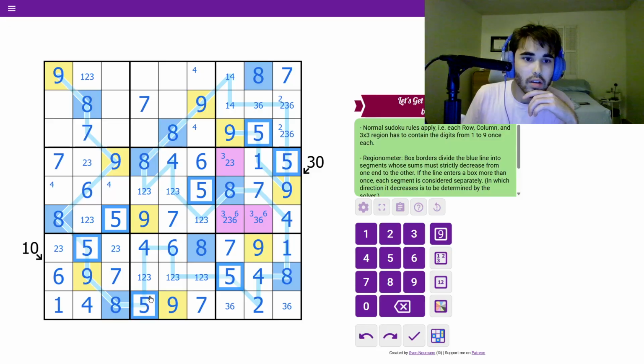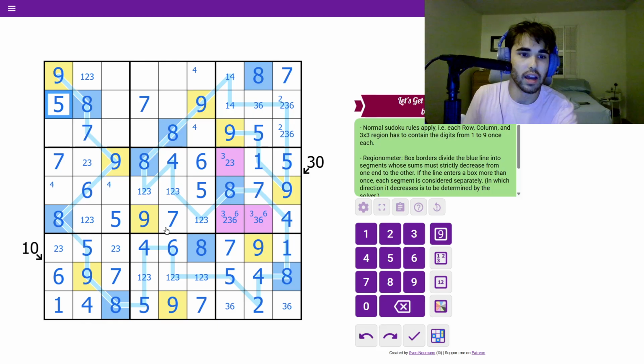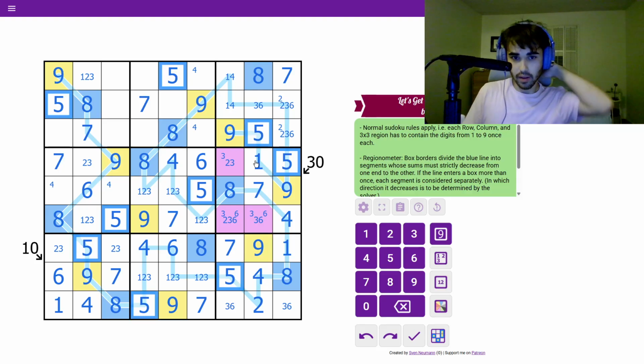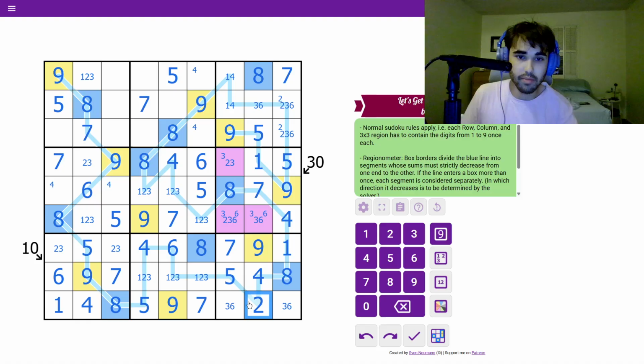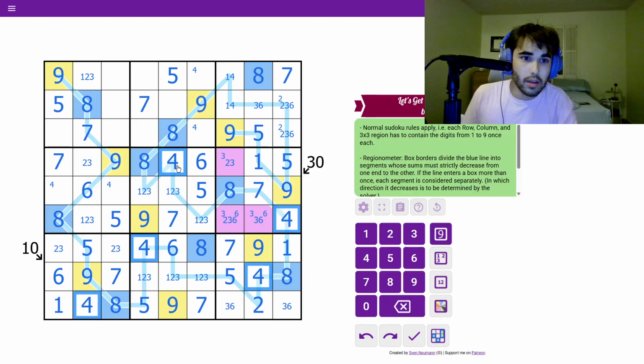What am I missing here? I guess you could use simple Sudoku with 5s. That's a 5. So now we're done with 5s. 1s. Maybe not yet. What about 2s? Can we do anything? We don't have many 2s on the board. 4s maybe?